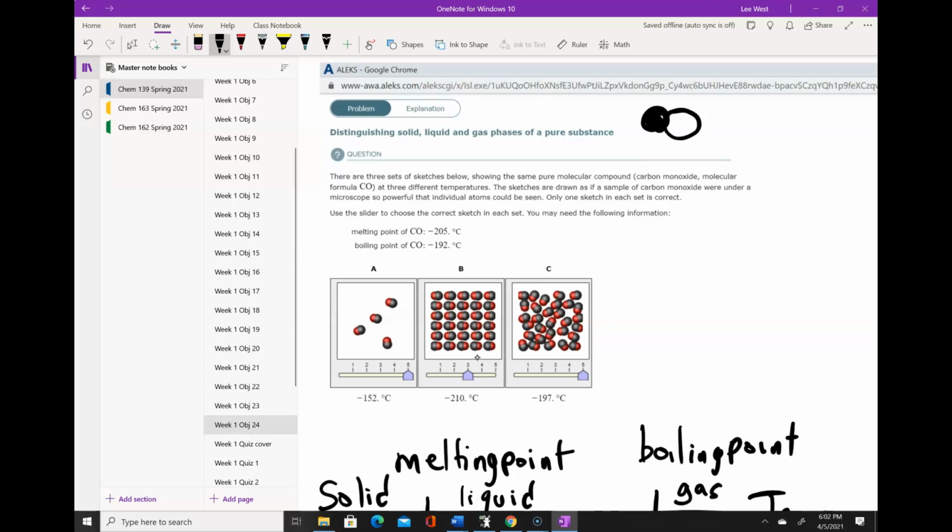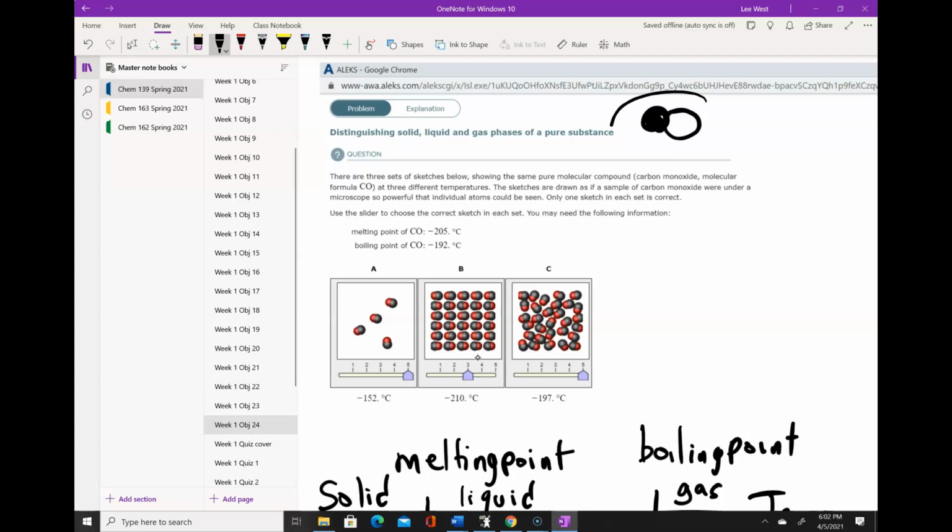Now you're going to get 3 sets of sketches at 3 different temperatures. Oh, I wonder what these could correspond to. The sketches are drawn as if a sample of carbon monoxide were under a microscope so powerful that individual atoms could be seen. Only 1 sketch in each set is correct. Use the slider to choose the correct sketch in each set.